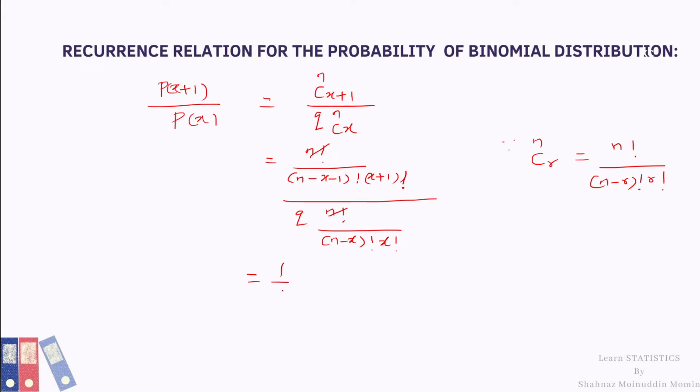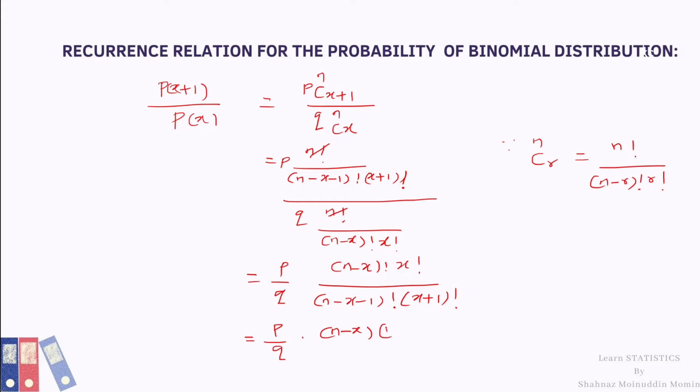We have p upon q into, I will rearrange the terms, n minus x factorial into x factorial divided by n minus x minus 1 factorial into x plus 1 factorial, which is equal to p divided by q into n minus x factorial can be written as n minus x into n minus x minus 1 factorial into x factorial, divided by n minus x minus 1 factorial, and x plus 1 factorial can be written as x plus 1 into x factorial.